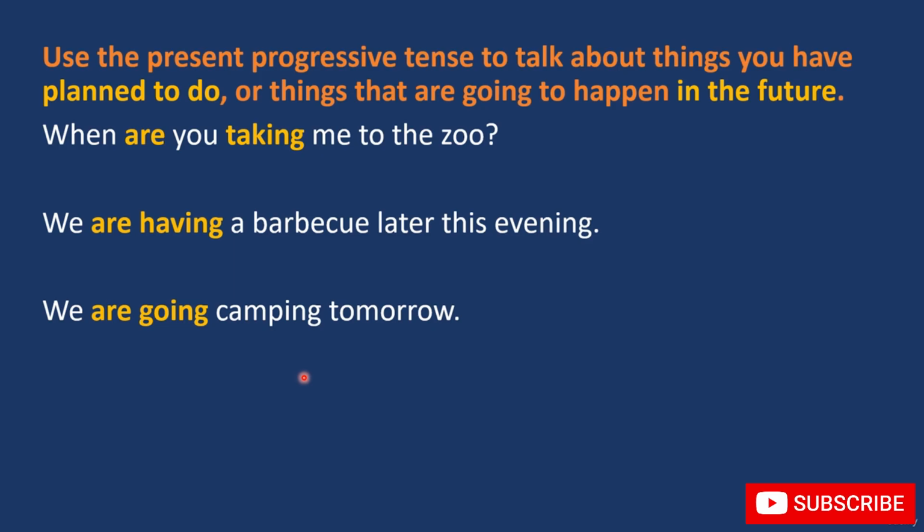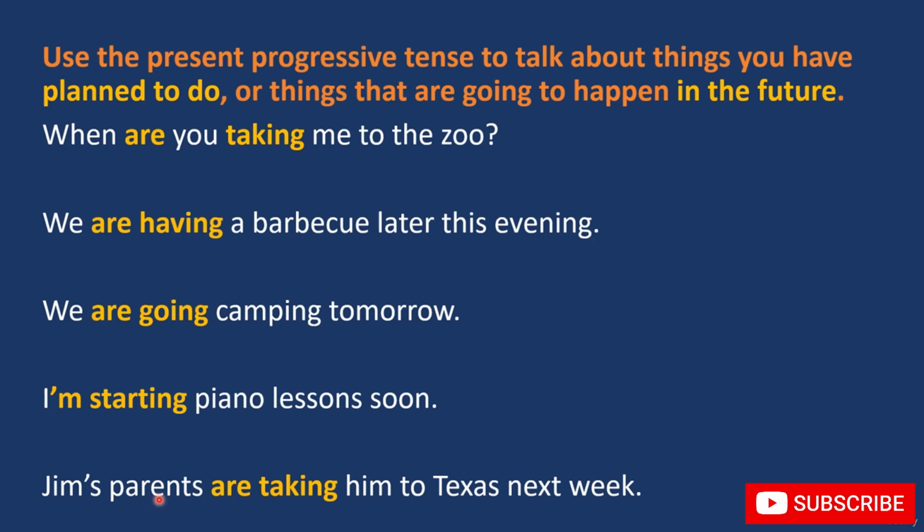But here I use present continuous to express future. I'm starting piano lessons soon. Again, present continuous to express future. James' parents are taking him to Texas next week. Future also.